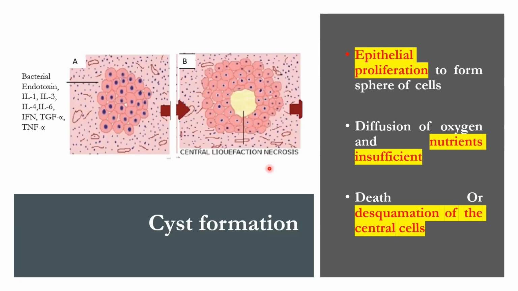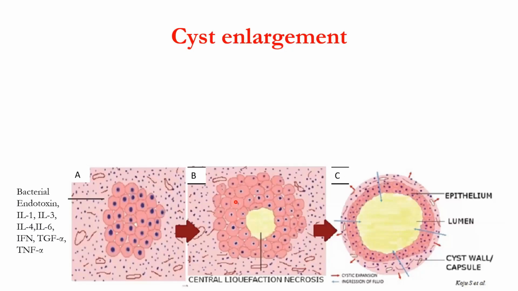So now a cavity is formed. Okay, so there was a proliferation in the beginning, a sphere is formed, and central cells do not receive nutrition and undergo cavity formation. Let's see what happens next, how this becomes enlarged to form a cyst, a complete cyst.